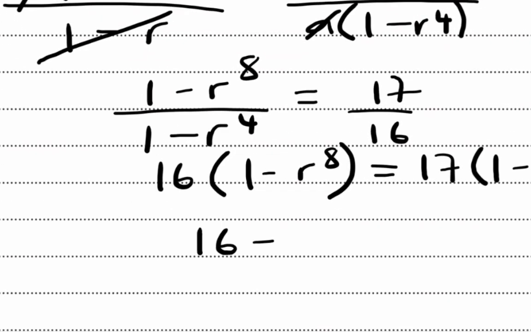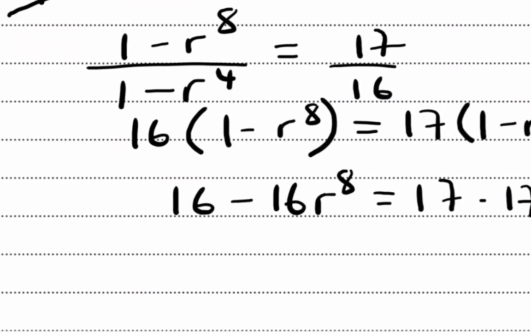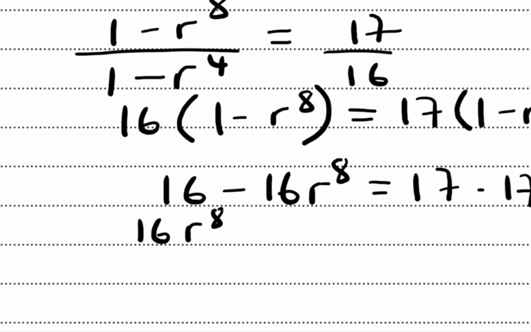So 16 minus 16 R to the power 8 should give us 17 minus 17 R to the power 4. Now taking everything to the right hand side, we get 16 R to the power 8 minus 17 R to the power 4 plus 17 minus 16, that's 1, should give us 0 like that.